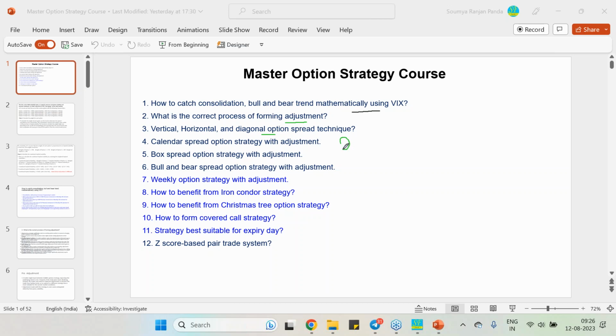Whenever we are forming a debit calendar along with a credit calendar combination, debit calendar in the lower strike, credit calendar in the higher strike, this is to gain from the downward gravity in the market and consolidation. Whenever we are forming a credit calendar along with the debit calendar, this is for the upward market.